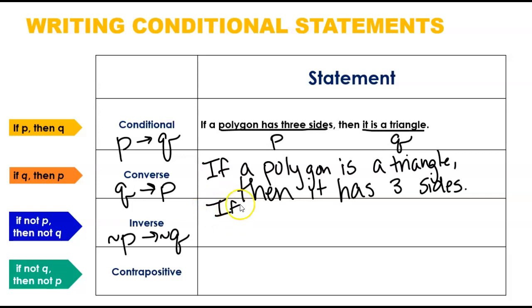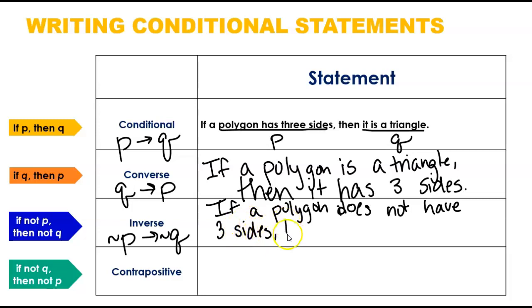So we're going to say, if a polygon does not have 3 sides, then it is not a triangle.